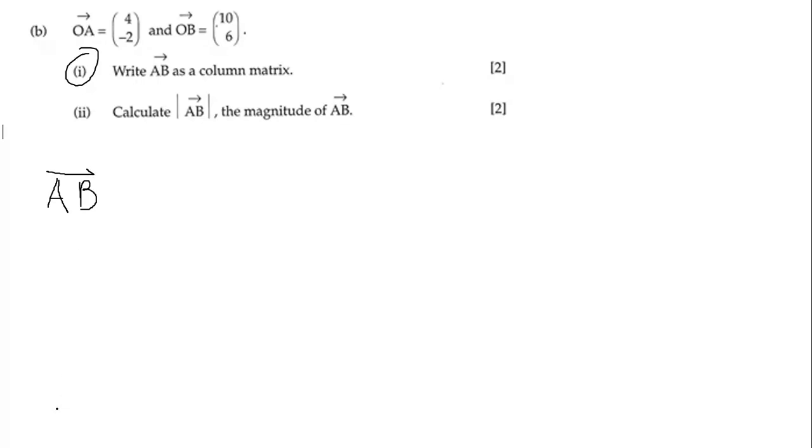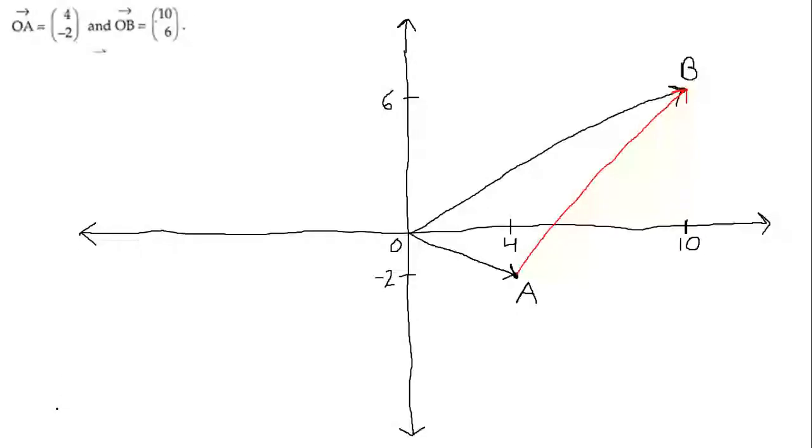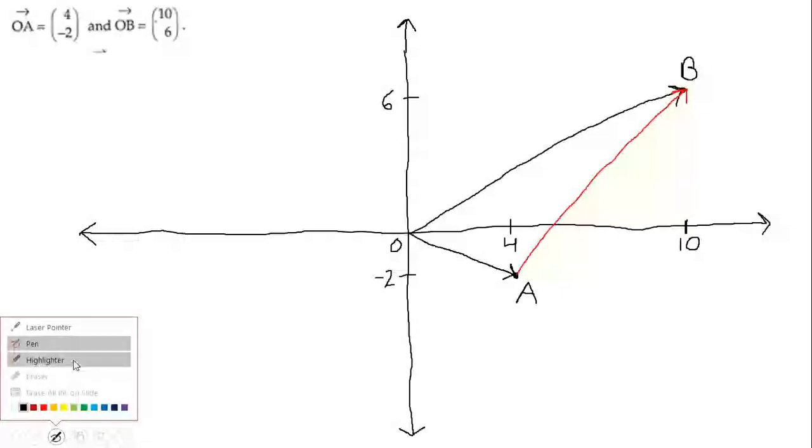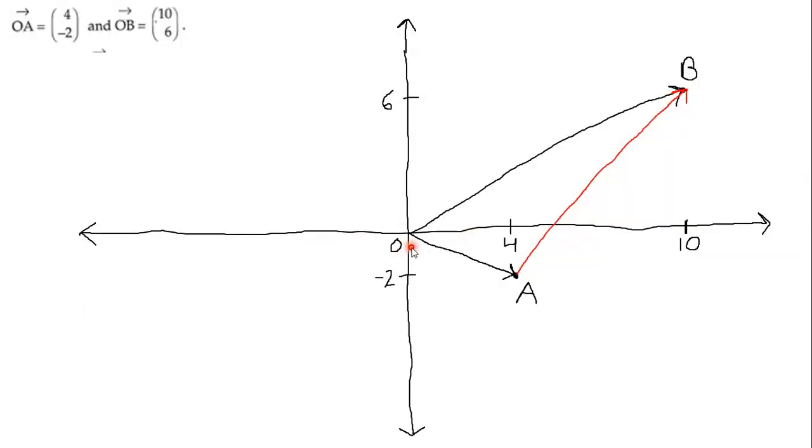So let's put this all in a graph form. Notice that OA, this is the vector OA. It starts at the origin, its initial point is at the origin, and it goes all the way to A, and the point A is 4, -2. So this is the vector OA right here.